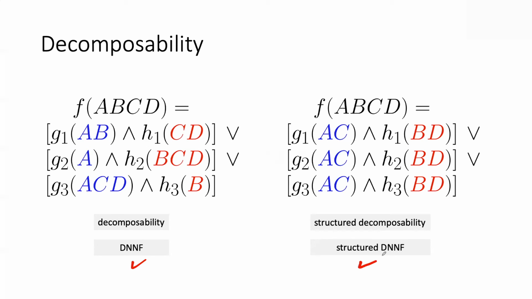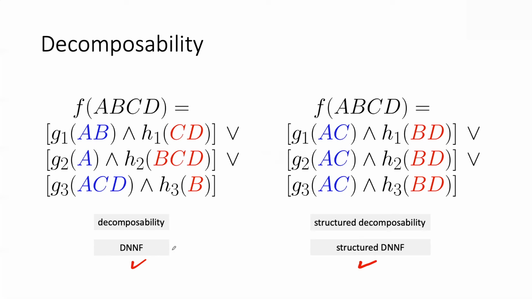So what you can see here is that we had a Boolean formula and we wrote it like this. We said, try to write it as a disjunction of conjunctions with the requirement that these G1 and H1 do not share variables, right? So every Boolean formula can always be written like this. The question is how many disjuncts you end up having. And if you recursively decompose each one of G1, H1 in the same way, you get basically DNNF circuits.